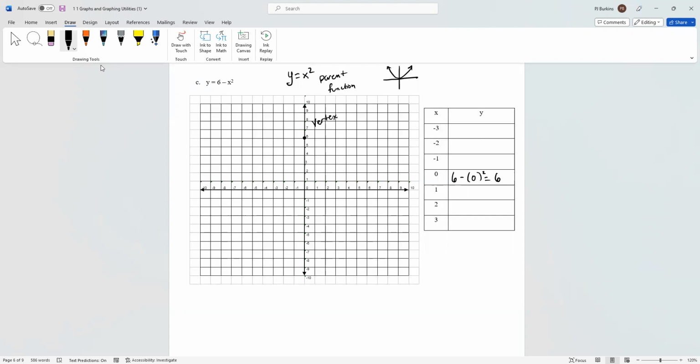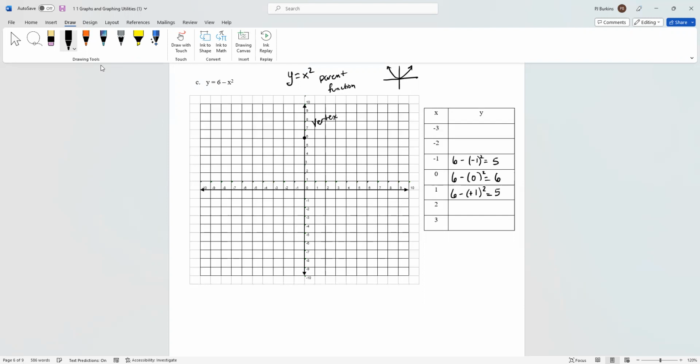Let's plug in positive 1. So I have 6 minus 1 squared. 1 squared is 1, 6 minus 1 is 5. Negative 1 squared, as we discussed earlier, is negative 1 times negative 1, which is 1. 6 minus 1 is also 5.